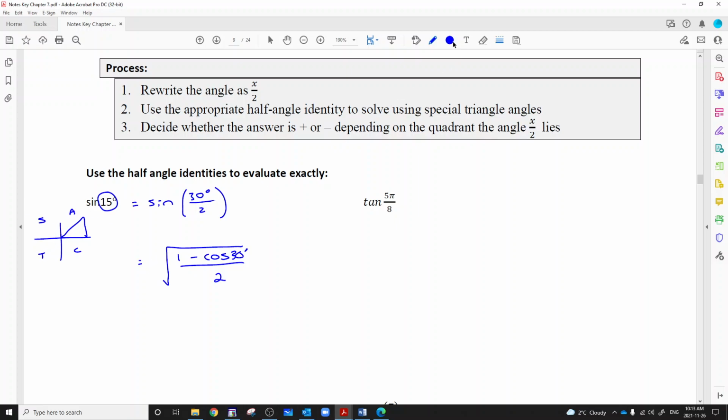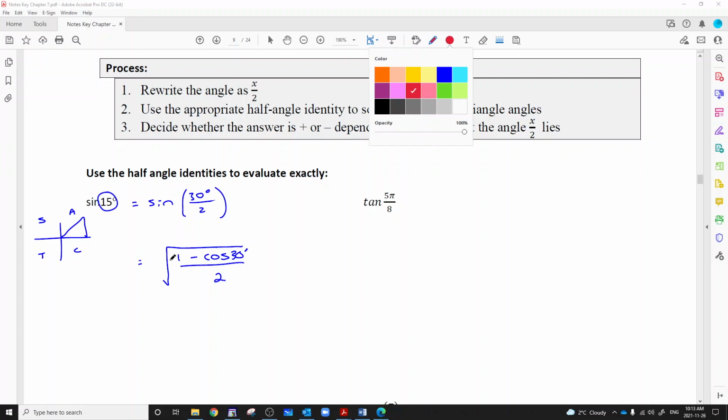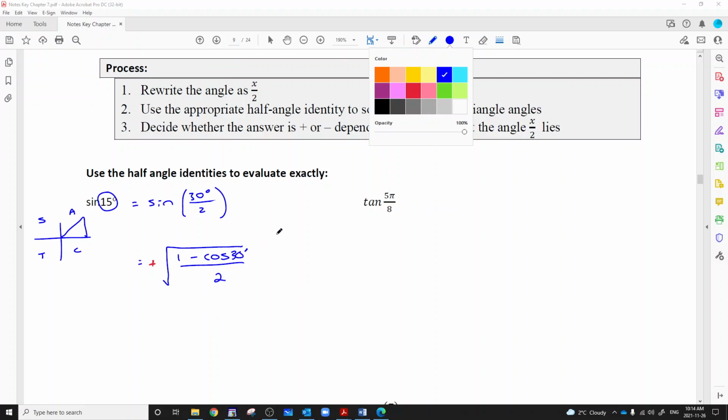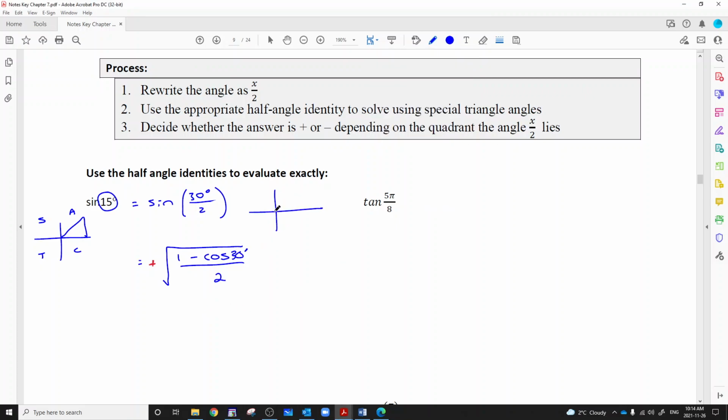So I'm going to put it in red because everybody forgets it, we are going to choose positive. Okay, so it's up to us to decide what our answer is going to be, positive or negative, depending upon which quadrant the original angle is in. And then from there, it's just using special triangles. So we just have to evaluate the cos of 30. So 30 degrees is here.